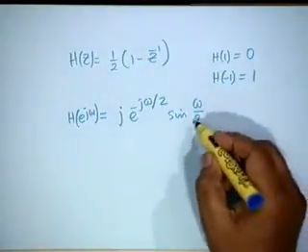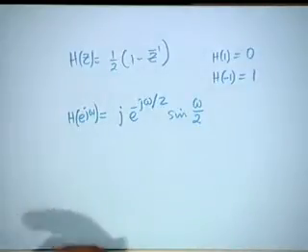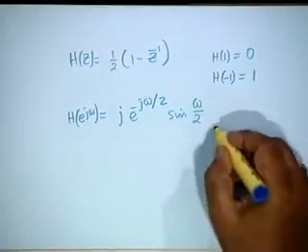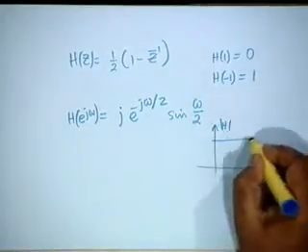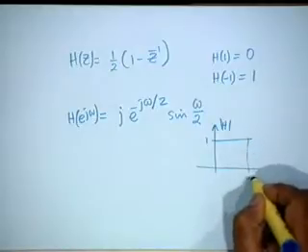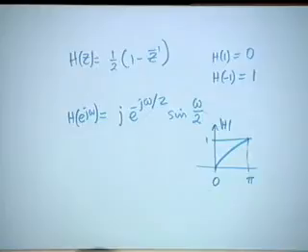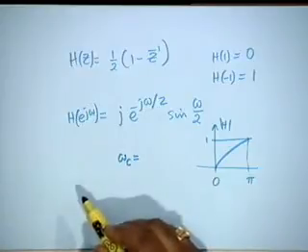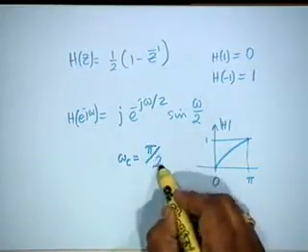And the magnitude obviously is the magnitude of sine omega by 2, which does not change sign in the range 0 to pi. Therefore, the magnitude of h, you have to go only up to pi, it goes like this, a high pass filter, and you can show that omega c, that is the 3 dB cutoff, is once again pi by 2.